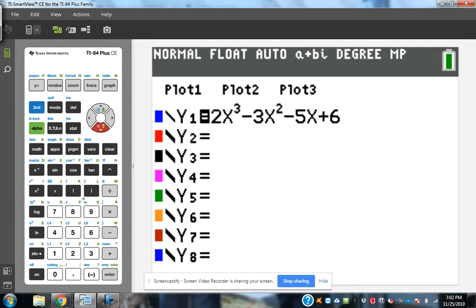And I go to y2, and I'm going to type in the factored form. X minus 1, x minus 2, 2x plus 3. All of those in parentheses. It should land exactly on top of it perfectly. If it doesn't, then our factoring's wrong.